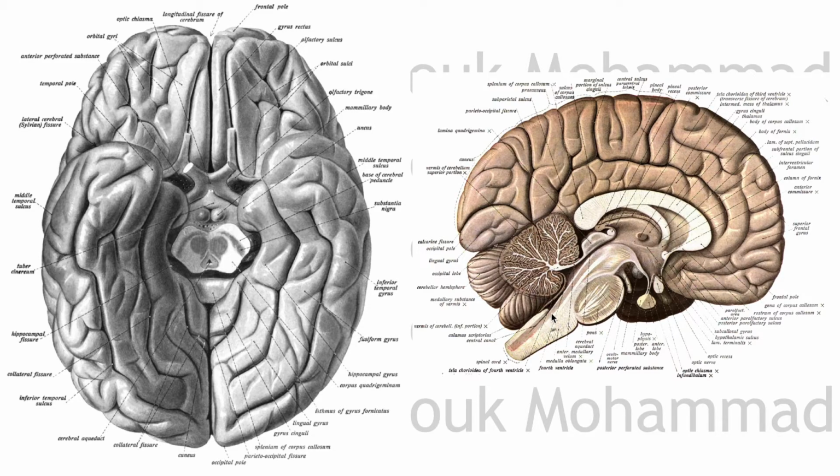Okay, so this is a brief description of the external surface of the brain, the superolateral surface, the medial surface, and the inferior surfaces of the brain.